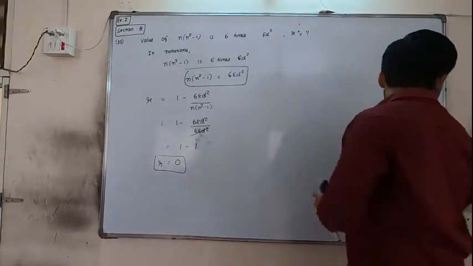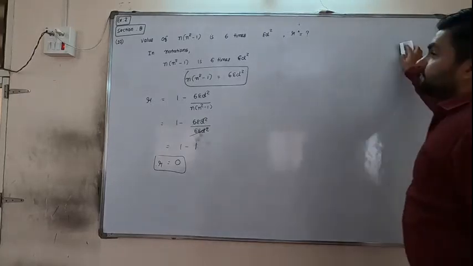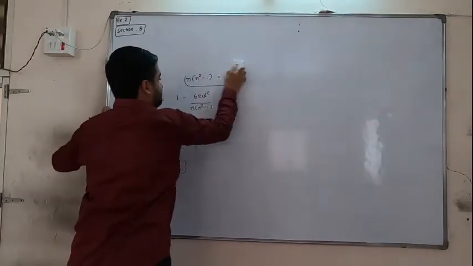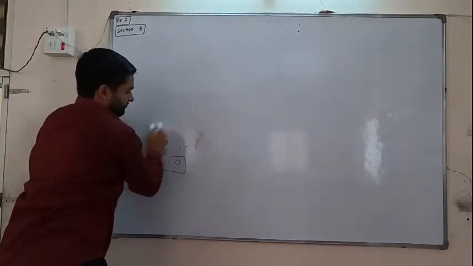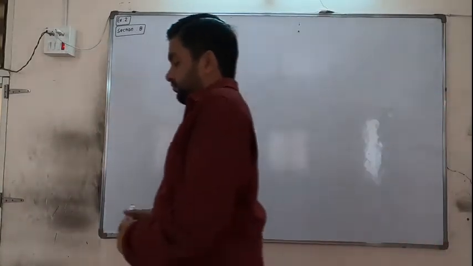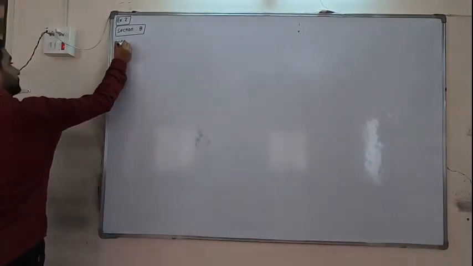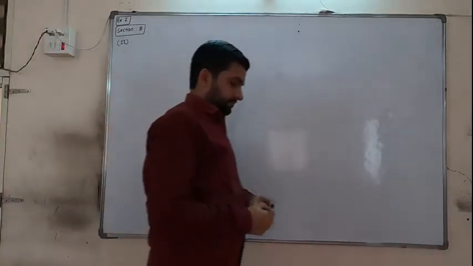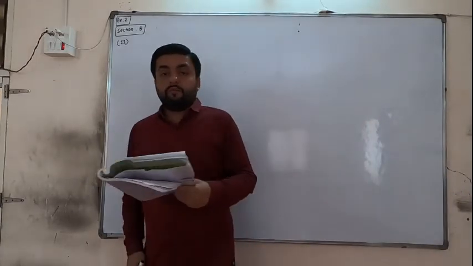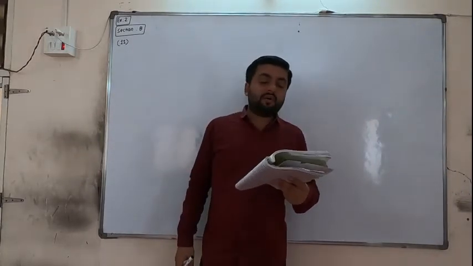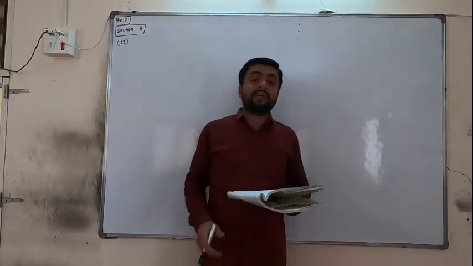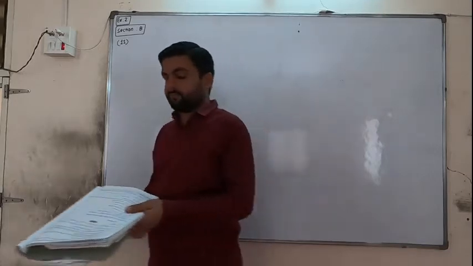Okay. Now 11th one. Section B, 11th. What will be the sign of R if the value of covariance is negative?